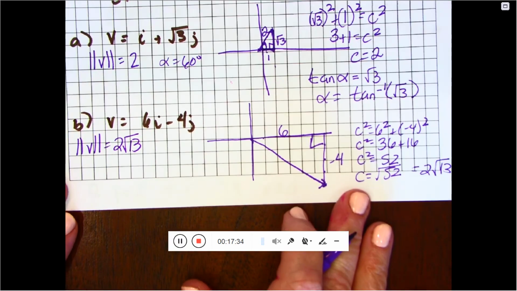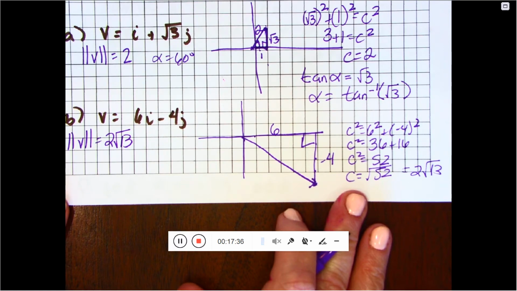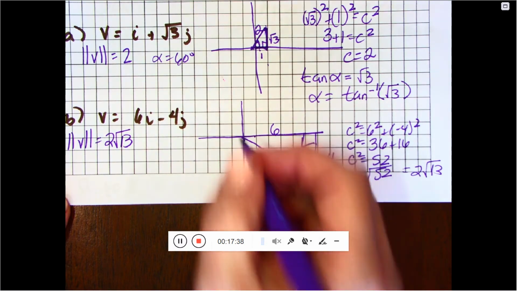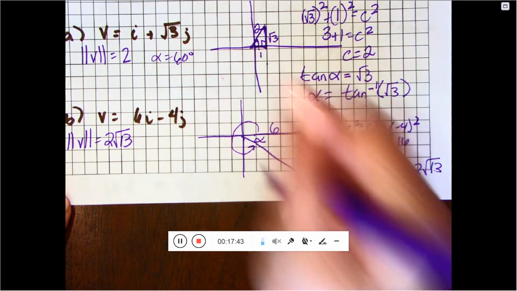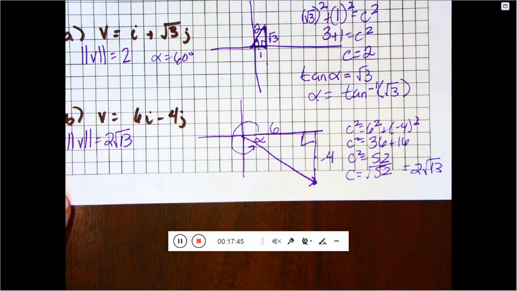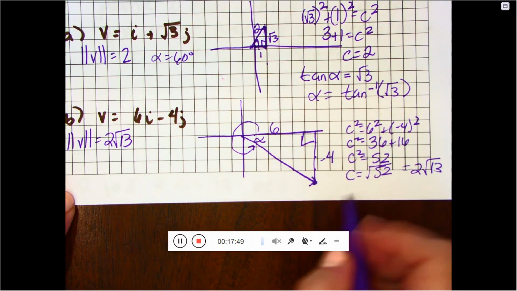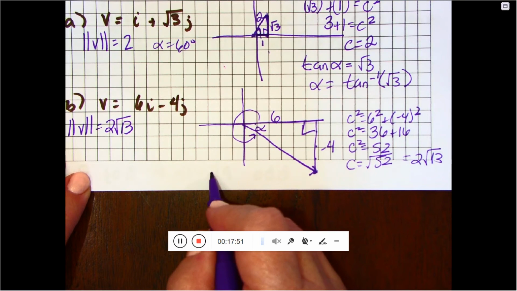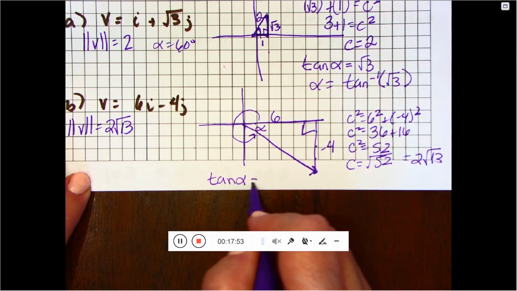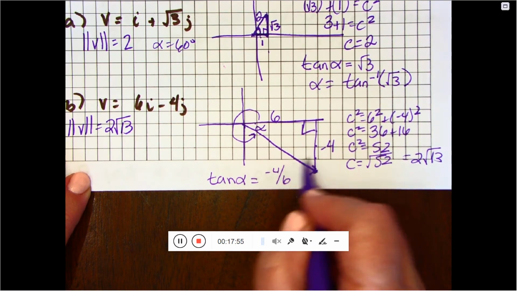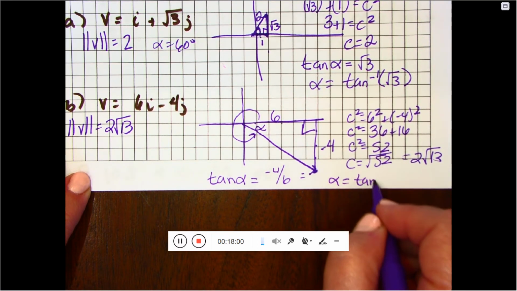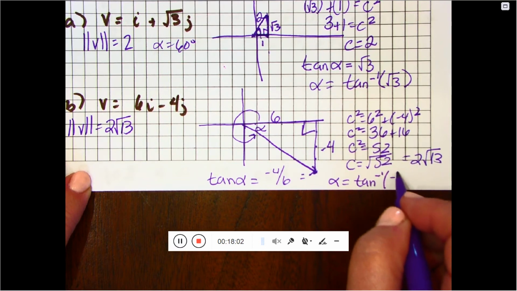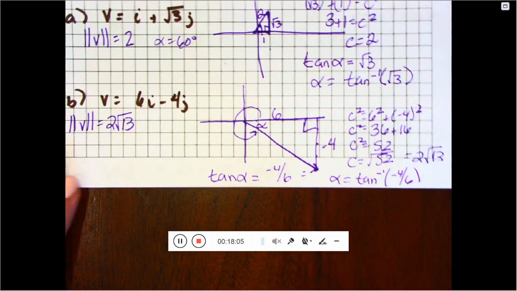Okay, now how do we find alpha? What's the angle? Now remember, the angle is what it makes from the positive x-axis. Okay, so I know that the tangent of alpha is -4/6, opposite over adjacent. So alpha is the tan inverse of -4/6.